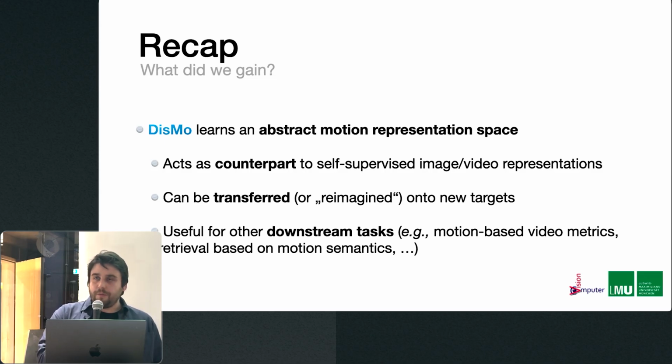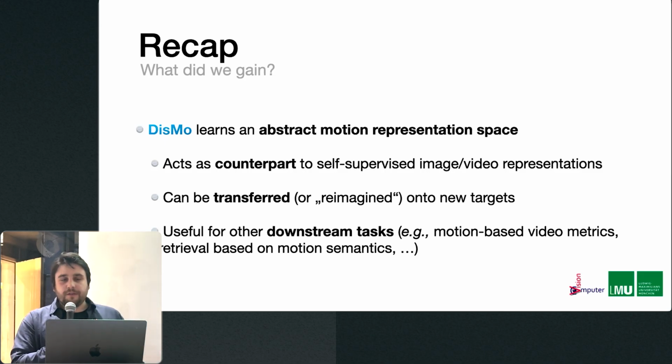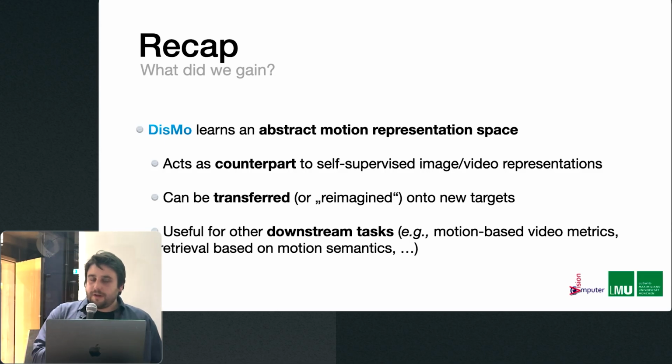If you imagine VideoMAE, VJEPA, or DINO even, generally image and video representations are heavily used. They are also being used in metrics, and we hope that DisMo, or the motion space that is being learned using the DisMo paradigm, could be a first step towards similarly semantic and abstract representations of motion in a video.